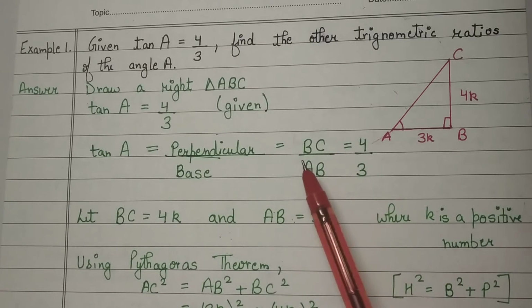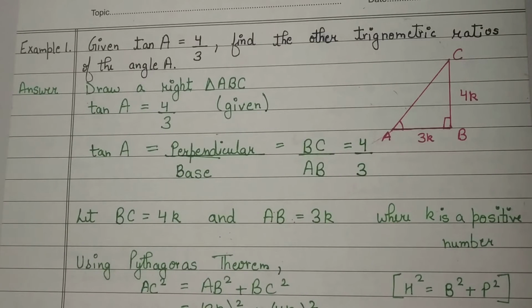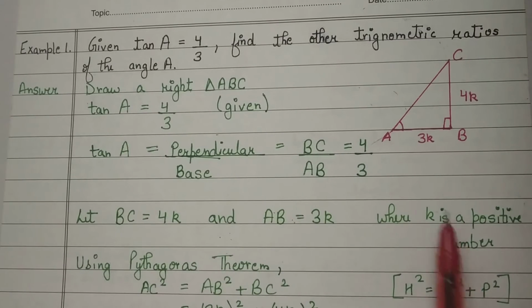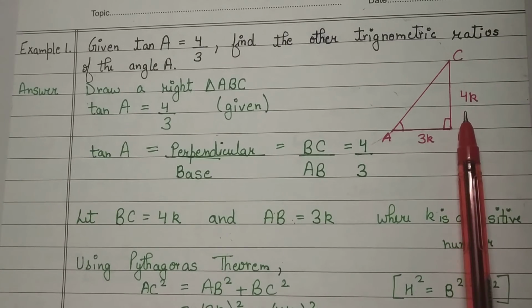So BC by AB is equal to 4 by 3 because it is given in the question. Now I can take the side BC to be a multiple of 4k, and AB as 3k, where k is a positive number. I have marked AB as 3k and BC as 4k.